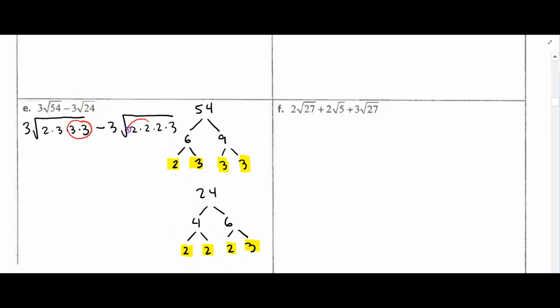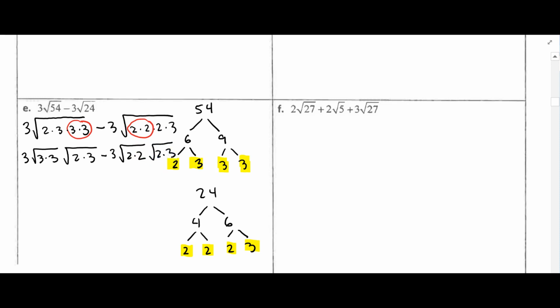And I have a pair of 2's there. So now this becomes 3 times the square root of 3 times 3. That whole thing's going to simplify to 3. And then I have a 2 and a 3 left that aren't paired up, minus 3 times the square root of 2 times 2 for this pair, and then I have a 2 and a 3 left.